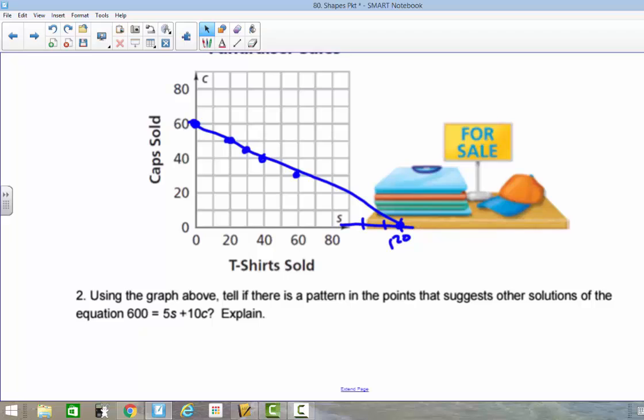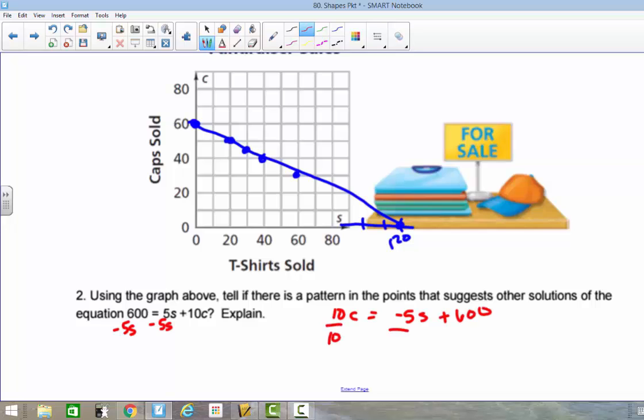So is there a pattern? And the answer is yes. Remember, we've already solved for C by subtracting 5S and dividing by 10.